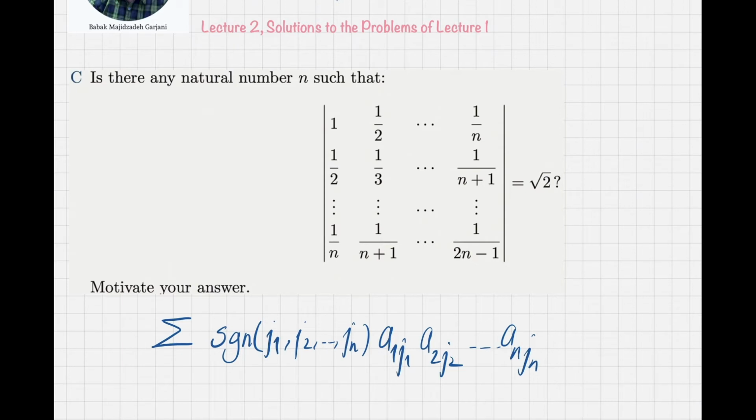But on the other hand, square root of 2 is an irrational number, and it is not possible to have a rational number equal to an irrational number. So the answer to this question, is there any natural number n for this to happen, is no, and that's the motivation, because the left hand side is always a rational number, the right hand side is an irrational number, and they cannot be equal.